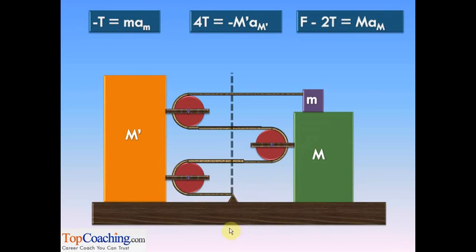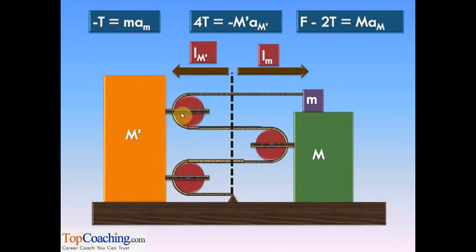After all, this point is fixed. The moving points are Lm dash, the position of m dash, Lm, the position of small m, L capital M, the position of capital M. These are the special moving points. Note that I have already assumed the accelerations in the direction of these position vectors, to make it easier for me to write the constraint equation.